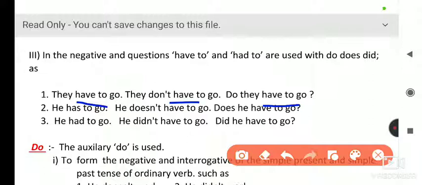Has to and had to are also used in negative and interrogative sentences.